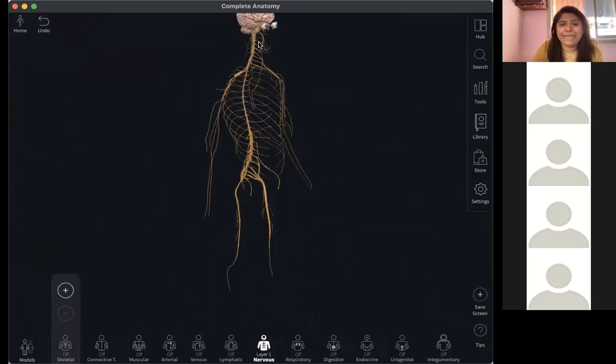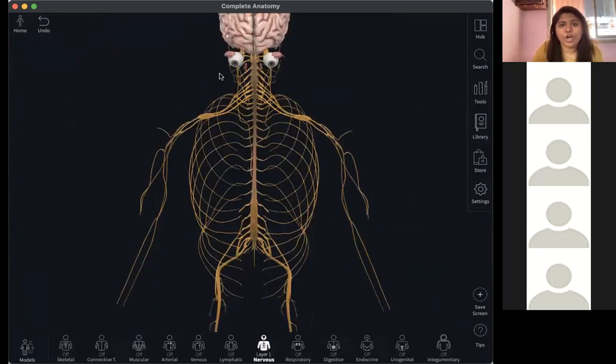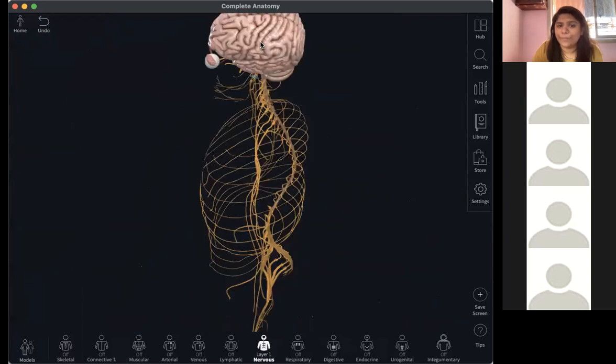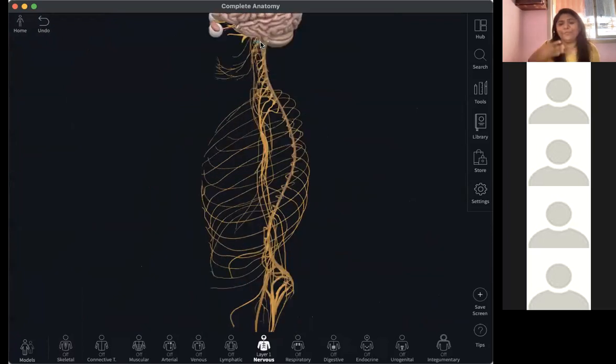Your brain is able to control all of the parts of your body, and it does that via a very simple process called nerve impulse or conduction of electrical impulses. You literally work on electricity.